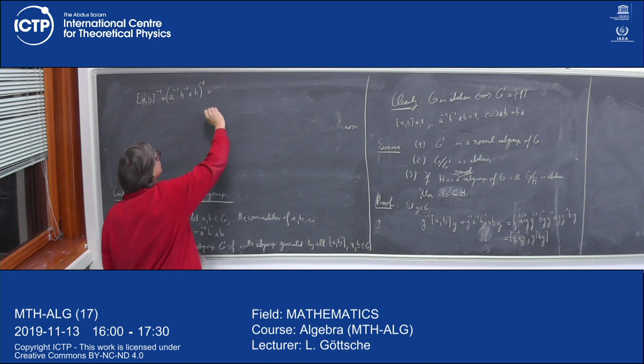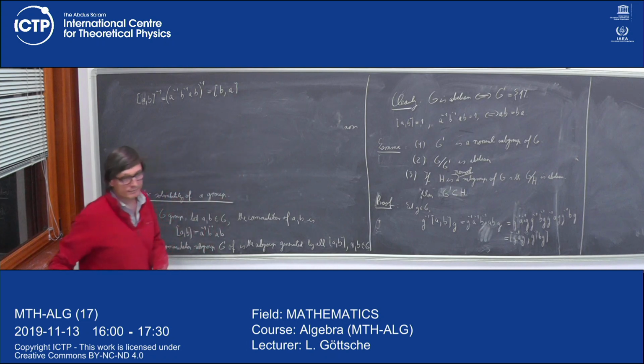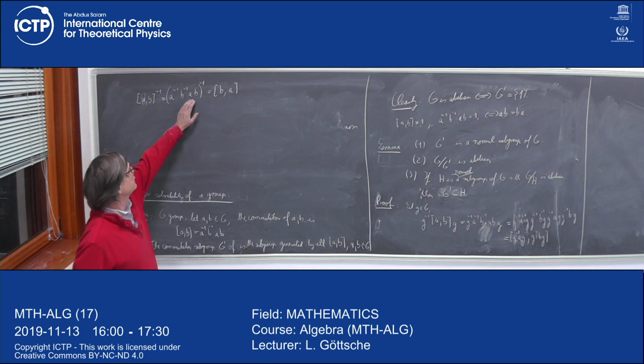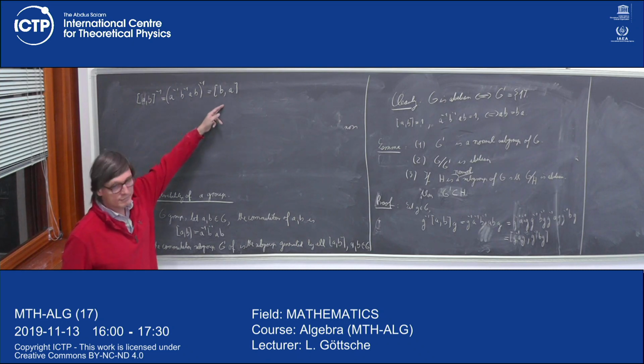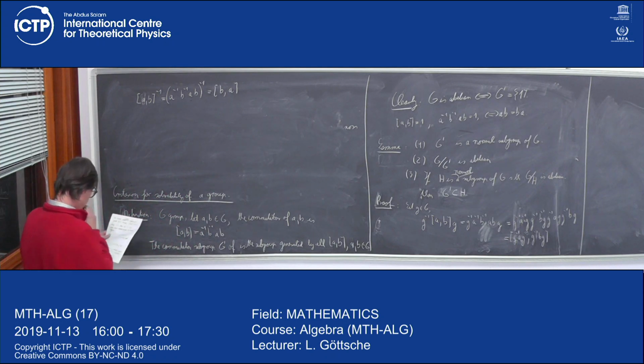If you work it out, this is the commutator of b and a: taking the inverse means writing in the other order.